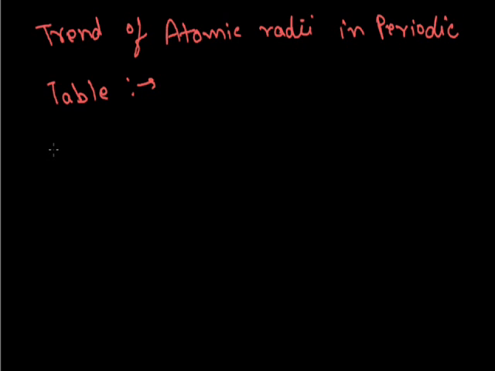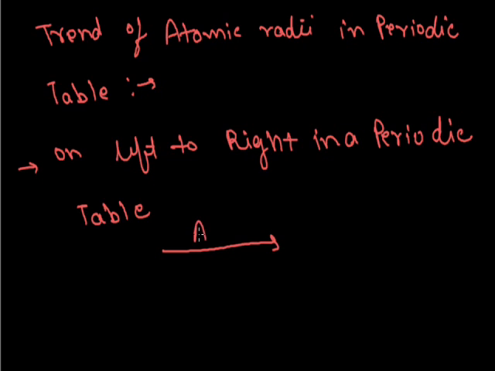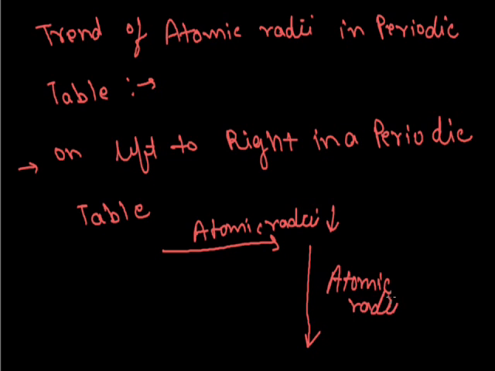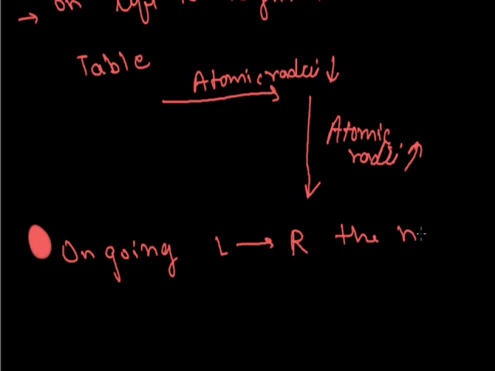On going left to right in a periodic table, the atomic radii will decrease, while on going top to bottom in a periodic table, atomic radii will increase. This is because first we'll consider the situation on going left to right. On going left to right in a periodic table, the nuclear charge increases by 1.